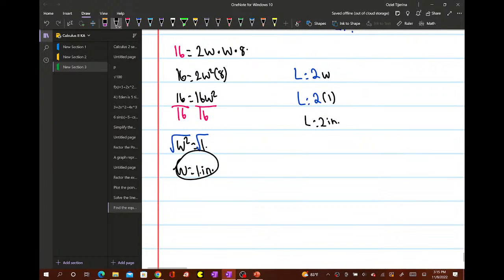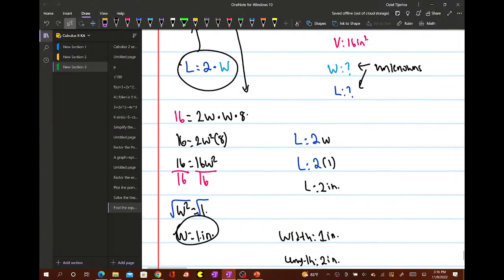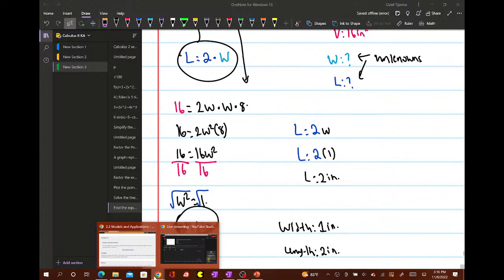So the width is 1 inch. The length is 2 inches. What else did they ask for?